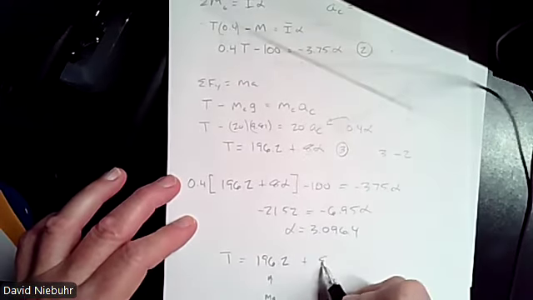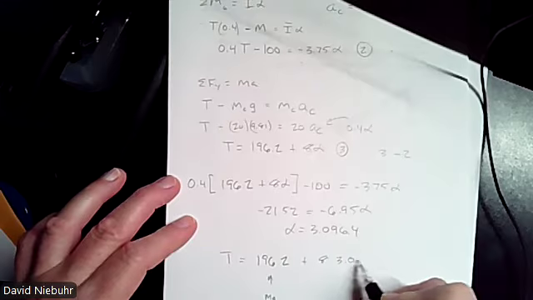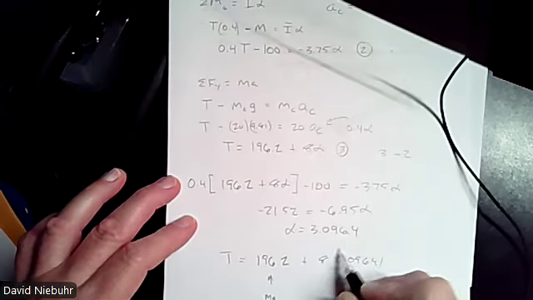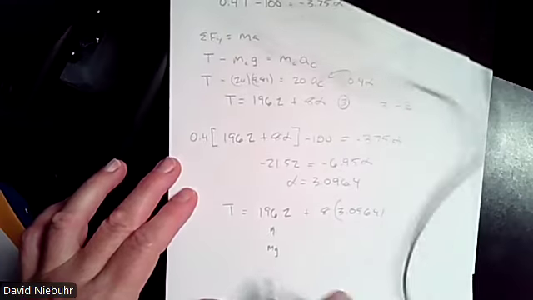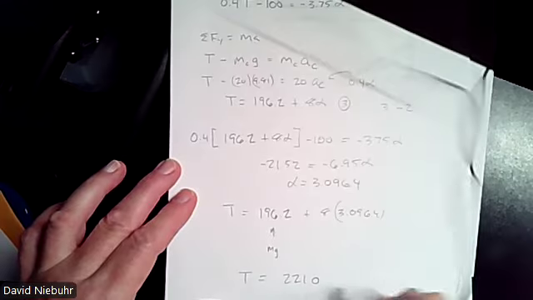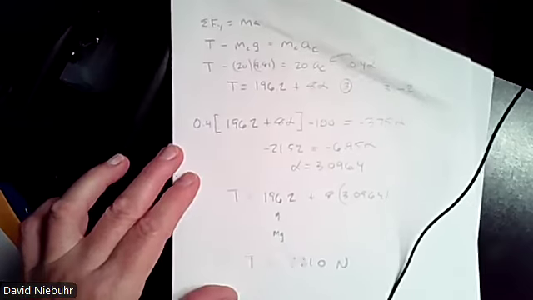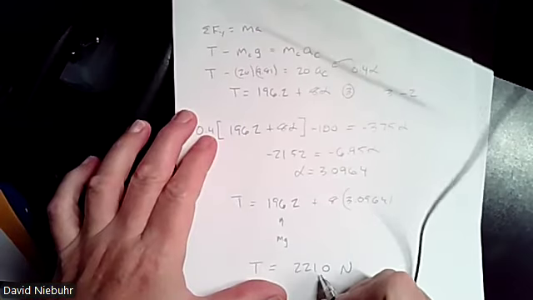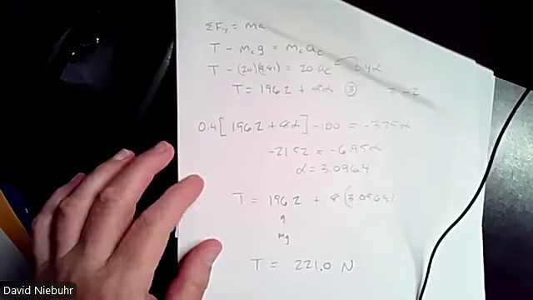So plus 8 times about 3.0964. And so the final tension is about 221.0 newtons, thereabouts, depending on where you round it and whatnot.